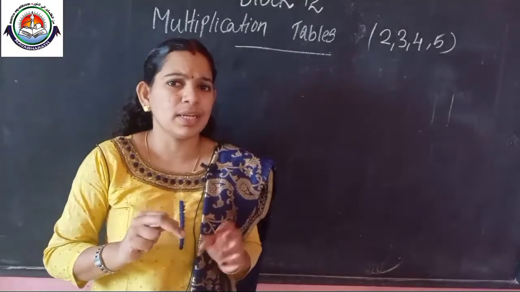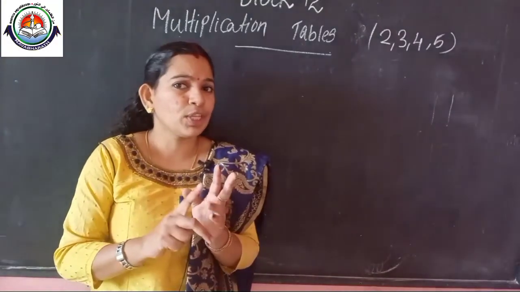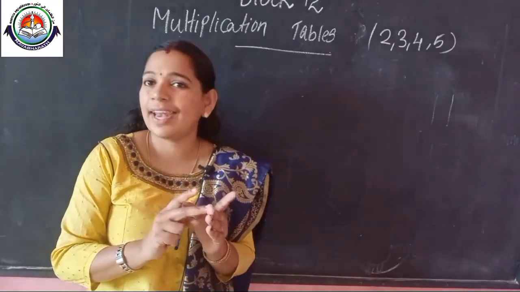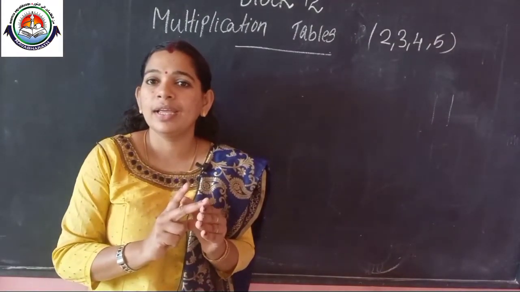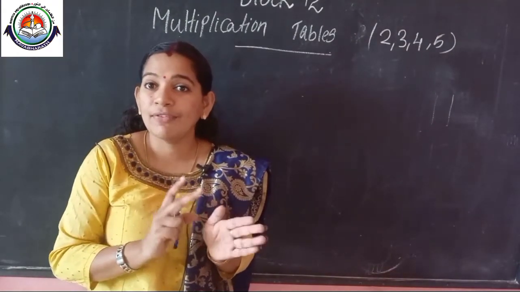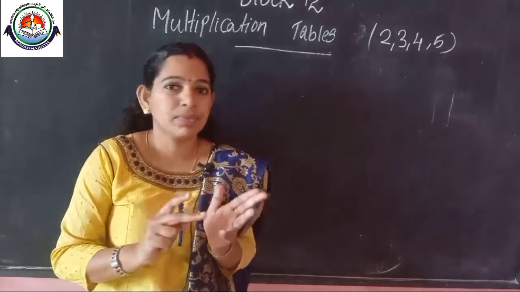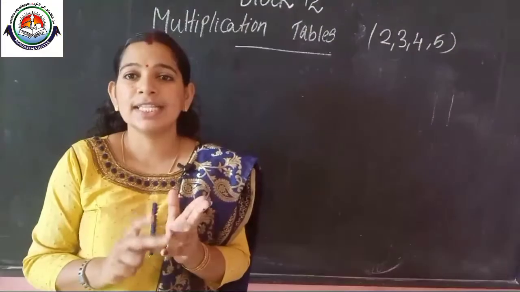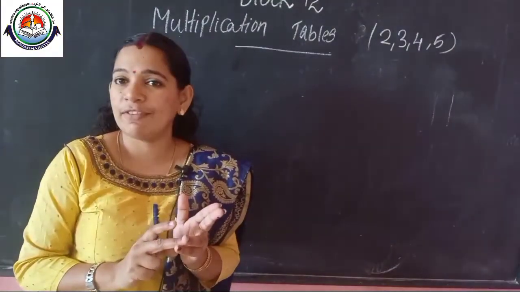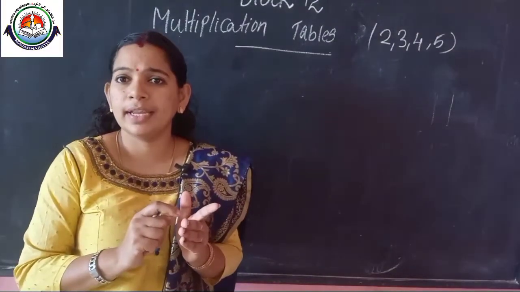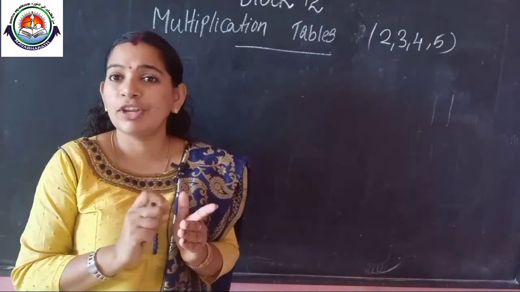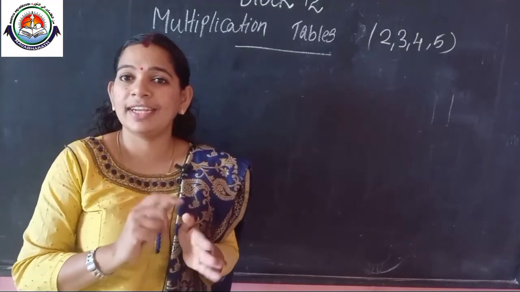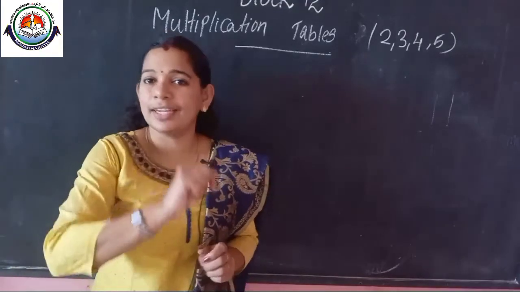Then the 3's table: 1 3 is 3, 2 3's are 6, 3 3's are 9, 4 3's are 12, 5 3's are 15, 6 3's are 18, 7 3's are 21, 8 3's are 24, 9 3's are 27 and 10 3's are 30.